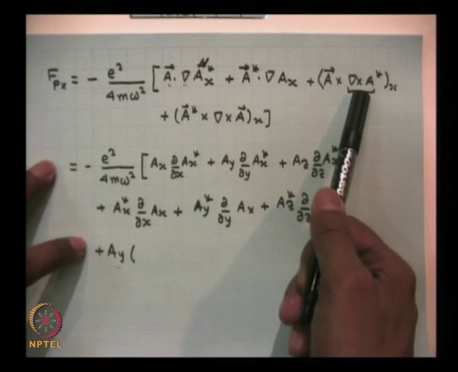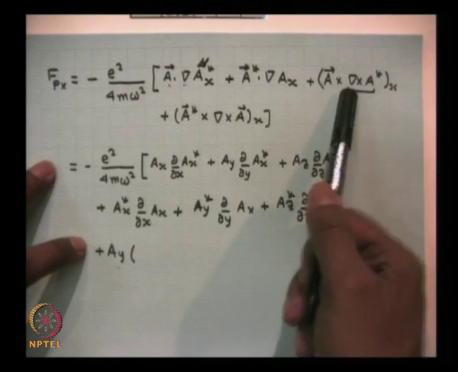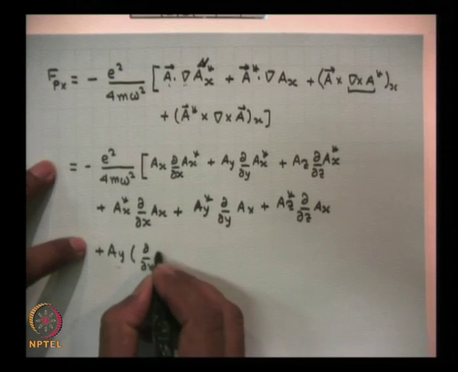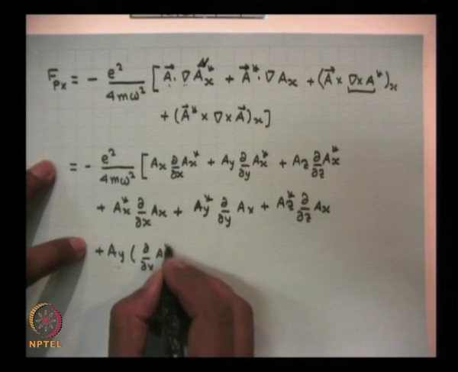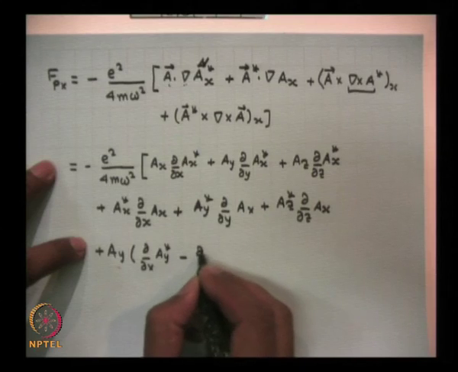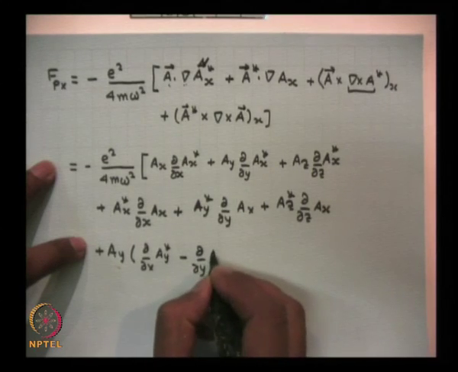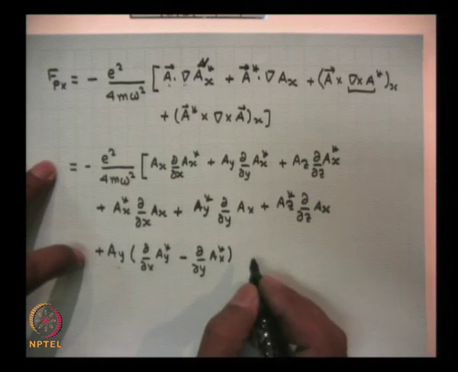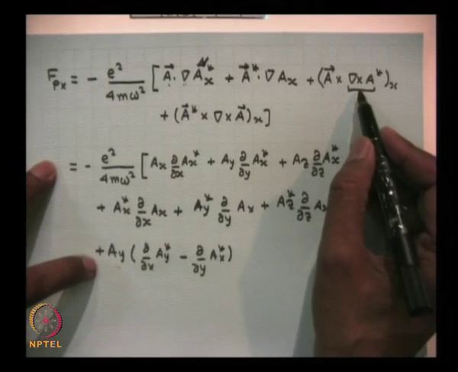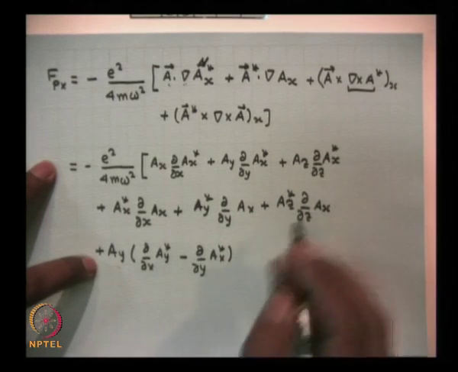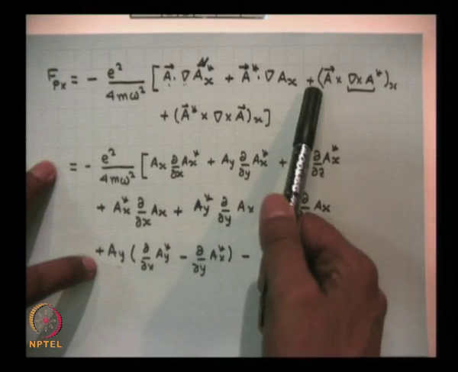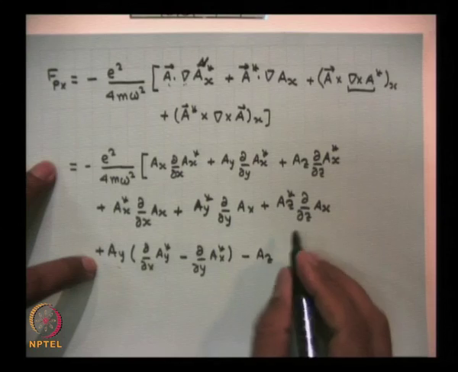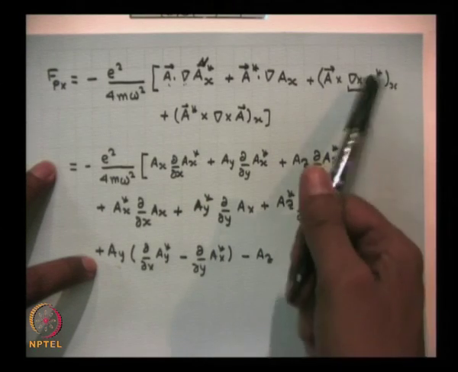Z component means xy minus yx. So, del/del x of Ay star minus del/del y of Ax star. This is Ay into the z component of this quantity minus the z component of this, and the y component of this.